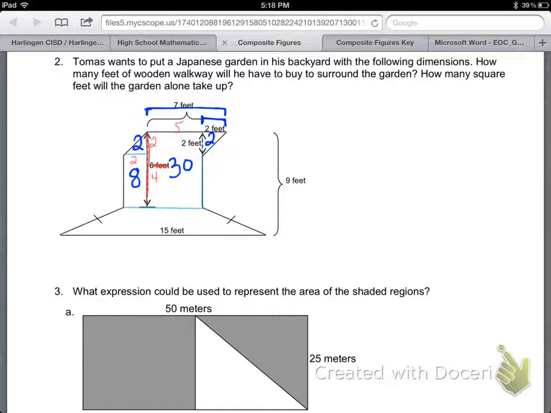Now, the trapezoid. First, remember we went over this in the perimeter. From here to here, 9. But from here to here, 6. How much is left over? That'd be 3. So from there to there, 3. That is the height of the trapezoid. 15 is one of the bases. I need to know how much is this right there.